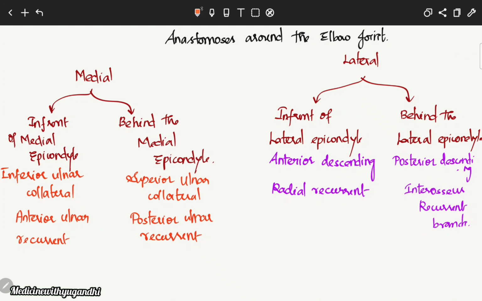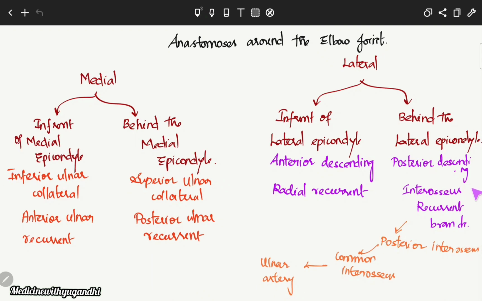This interosseous recurrent branch is a branch from posterior interosseous artery, which is in turn a branch from the common interosseous artery, which is in turn a branch from the ulnar artery. Again I am repeating.